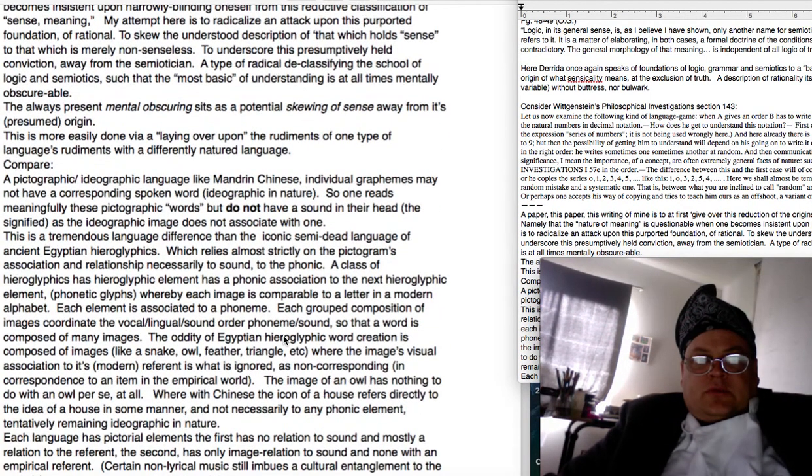The always present mental obscuring sits as a potential skewing of sense away from its presumed origin.